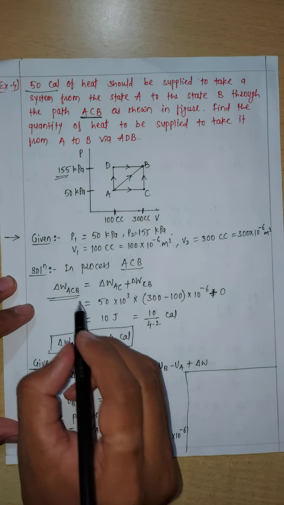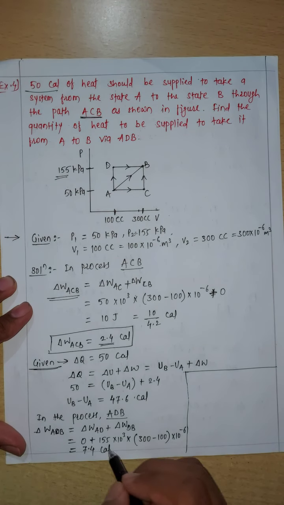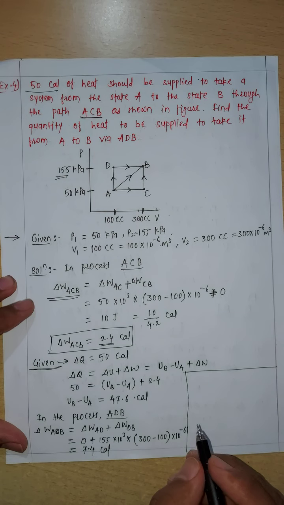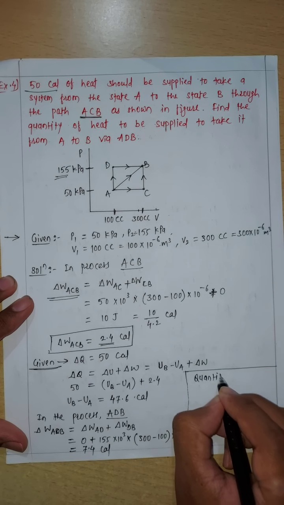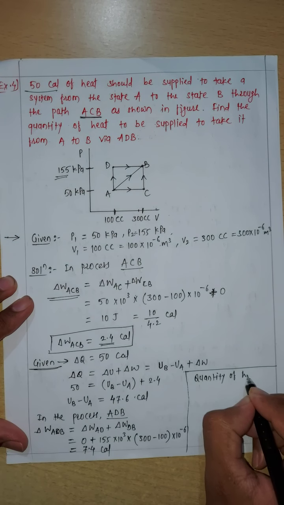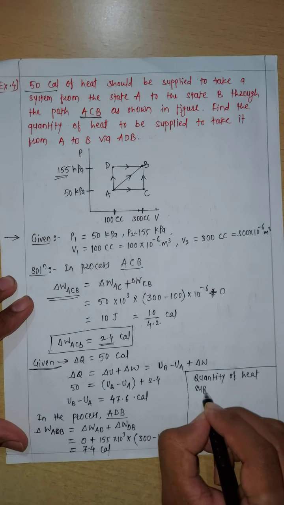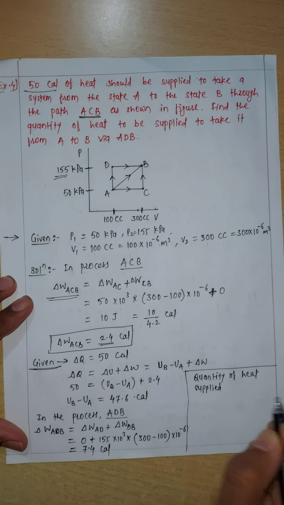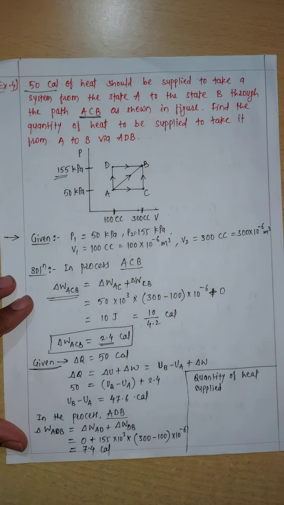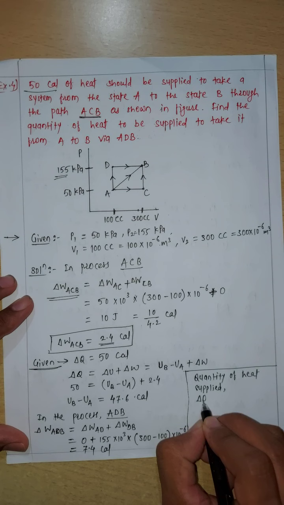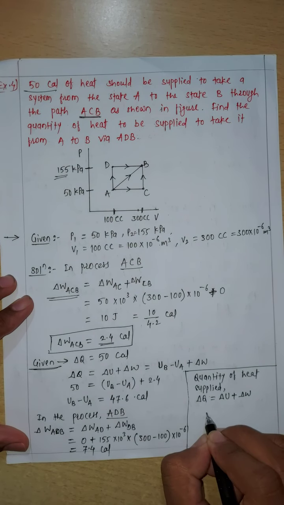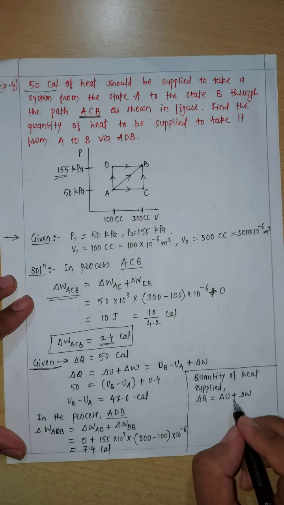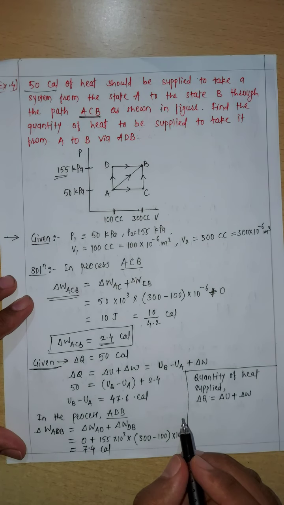Okay, now again जैसे यहाँ पर हमने ये वर्क निकाला था, so हमें 7.4 मिला. So how much quantity of heat यहाँ हमें निकालनी है, the quantity of heat which will be supplied to take it from A to B via ADB, यहाँ से हमें कितना वो अमाउंट ऑफ हीट लगेगा वो निकालेंगे. तो हमारे पास फॉर्मूला है delta Q is equal to delta U plus delta W. So delta U की वैल्यू हमारे पास ऑलरेडी हमने कैलकुलेट कर ली है.